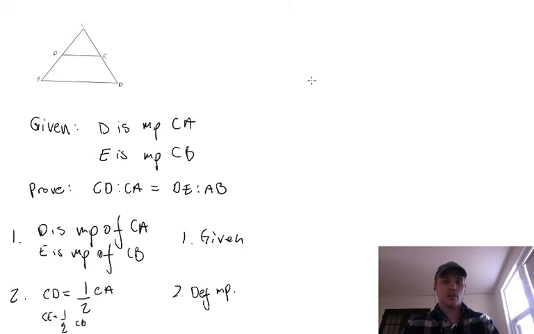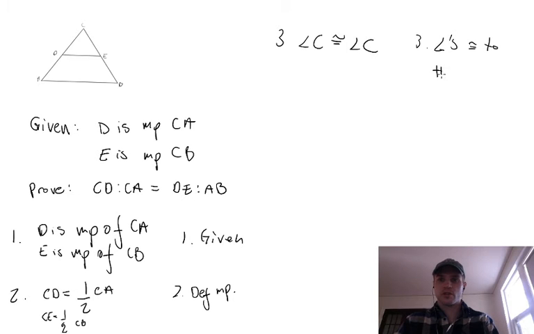All right, and then we can say that angle C is congruent to angle C, angles congruent to themselves.